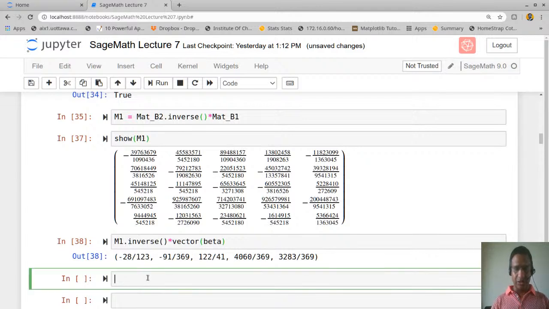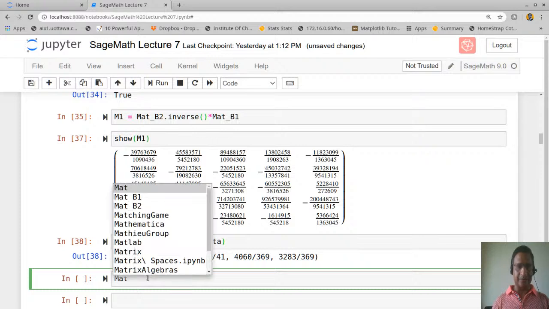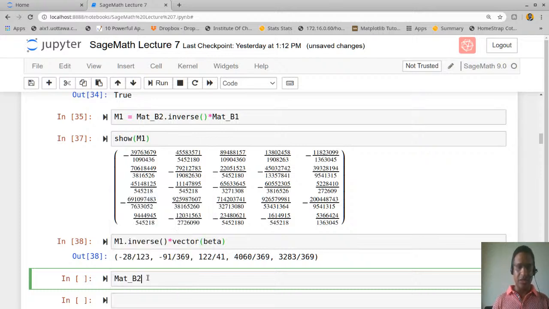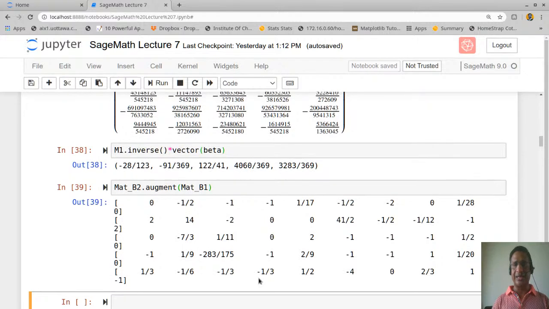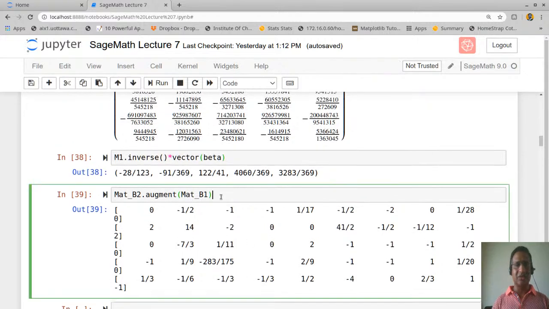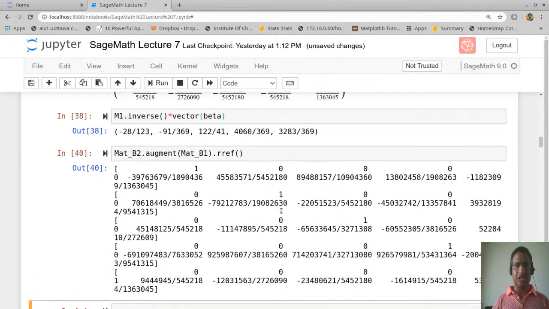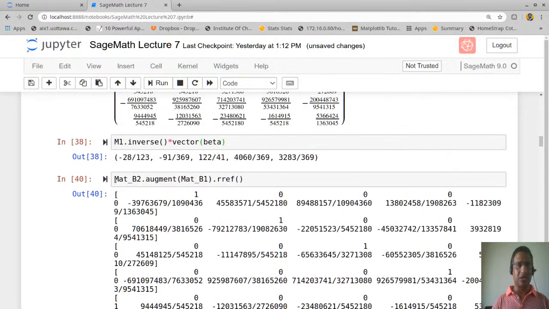Okay, so what we will do, so we have mat b2, in that augment mat b1, right? So this will be 5 rows and 10 columns, and to this you apply Rref. And yeah, so this is Rref.